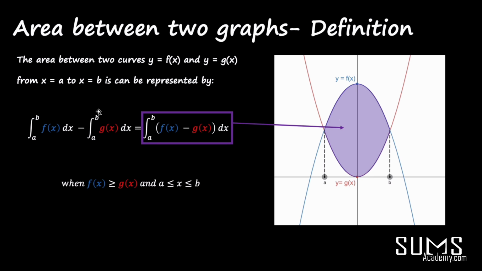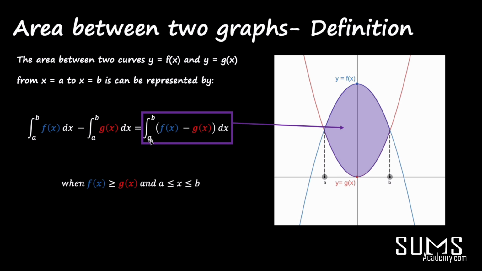So here's the official definition, if you will. The area between two curves, y equals f of x and y equals g of x, from x equals a to x equals b, can be represented by this formula here: the integral of f of x between a and b minus the integral of g of x between a and b dx. You can substitute this in, like I showed in the previous examples, where you have f of x minus g of x dx and use the same limits.